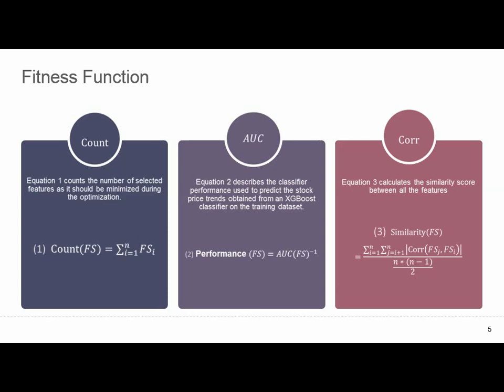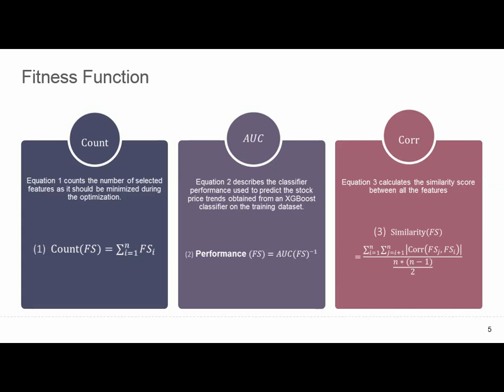Calculation of correlation. The similarity score between all the features in the selected feature set Fs, where correlation of Fs_j and Fs_i refers to the correlation value between these two features in the training dataset, which can be a value between -1 and 1.